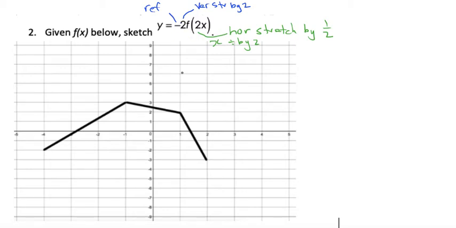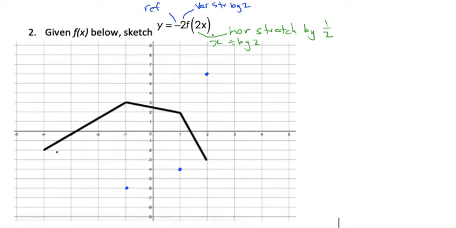Okay, so I'm going to do the vertical first. I like to go left to right, why not? Starting with this point, right now it's at 3. So 6, we're going to jump down to -6. And from 2, I'm going to go to 4, -4. Now this right here is at -3, so -6 onto +6.